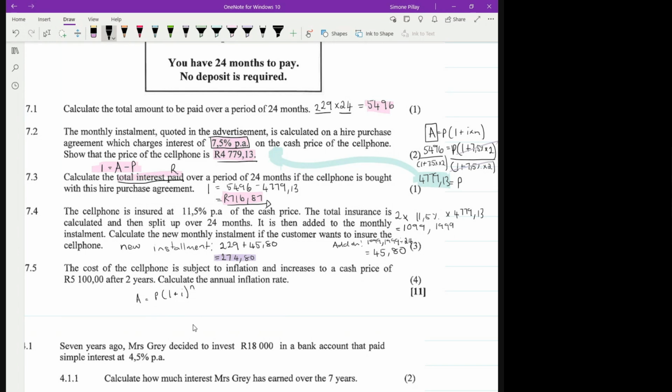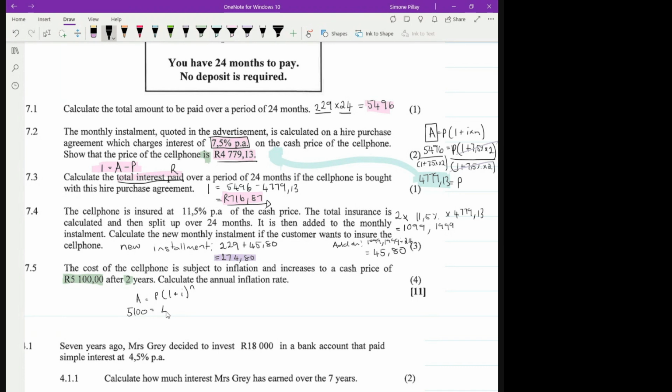Let's look at what we see. I see that this 5,100 is going to be my future value. 2 years is going to be my n. And my present value is going to be the cost of my cell phone up here. So I see I have one unknown. I'm going to substitute in, and I'm going to solve.